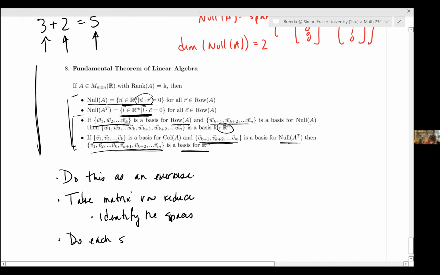Go through each statement and say, okay, what is this statement telling me? Let me take my example and perform the operations in each one of these statements, and then check that in this example, these statements which are true in general are true for my example, and I see what I'm being told. Okay, that is it.